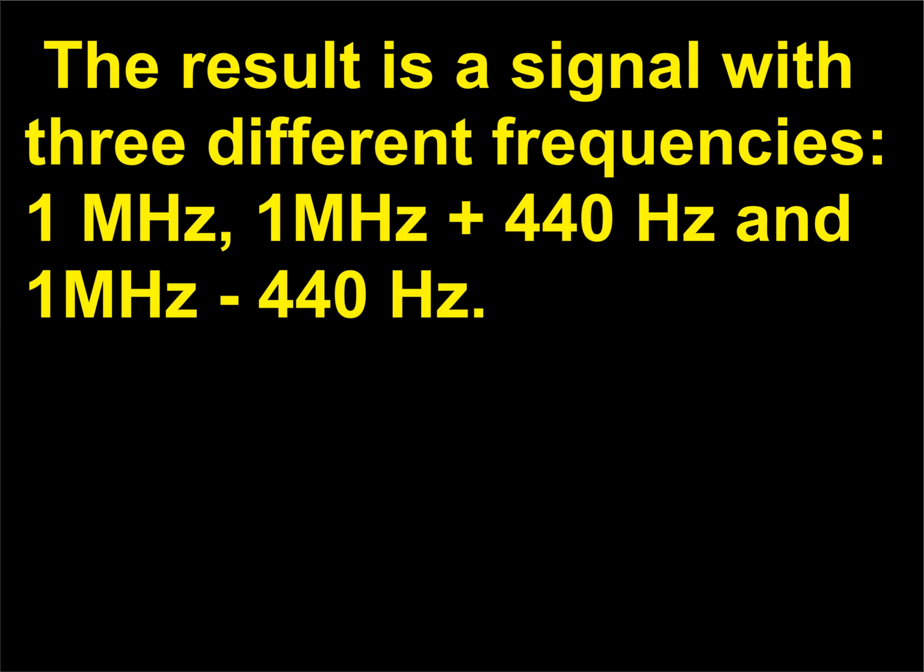The result is a signal with three different frequencies: 1 MHz, 1 MHz plus 440 Hz, and 1 MHz minus 440 Hz. Thus the total signal requires a set of frequencies 880 Hz wide.